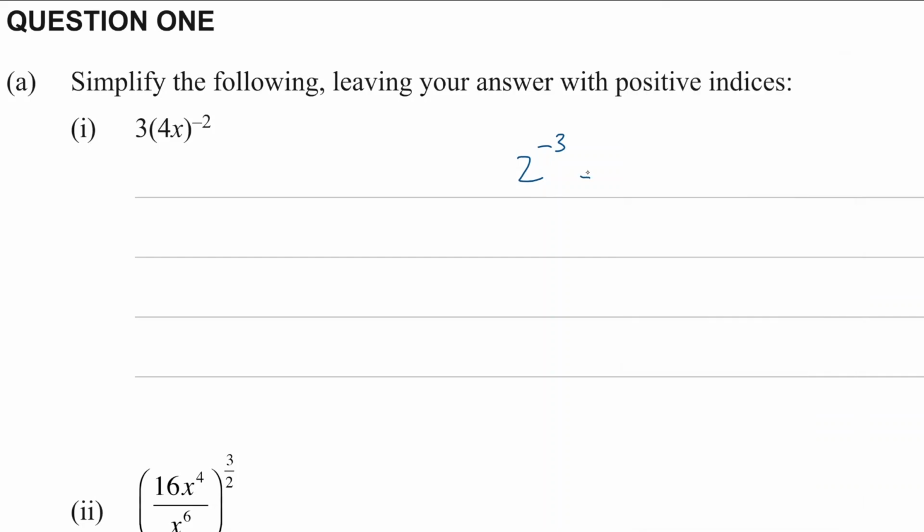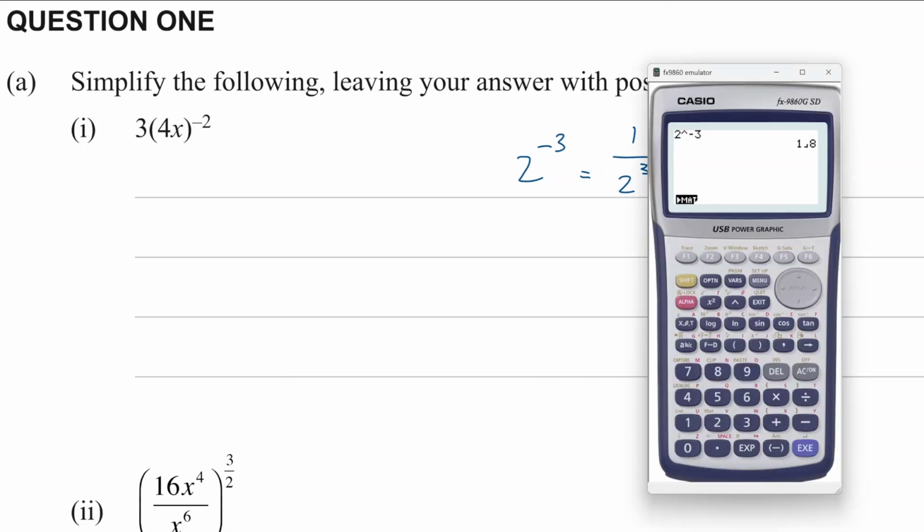And the power rule says that this is equal to 1 over 2 to the power of +3. So notice the 2 stays the same, the 3 stays the same, except I changed the sign. In this case, I went from negative to positive.